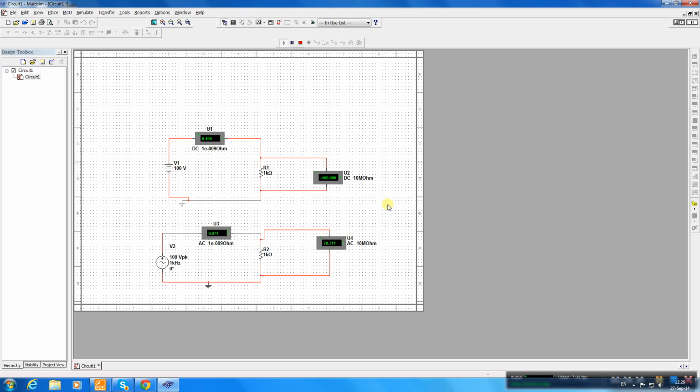First of all, the peak voltage or amplitude for AC is the same as the voltage in the DC case, but the current, as you see, is different, and the voltage also differs.